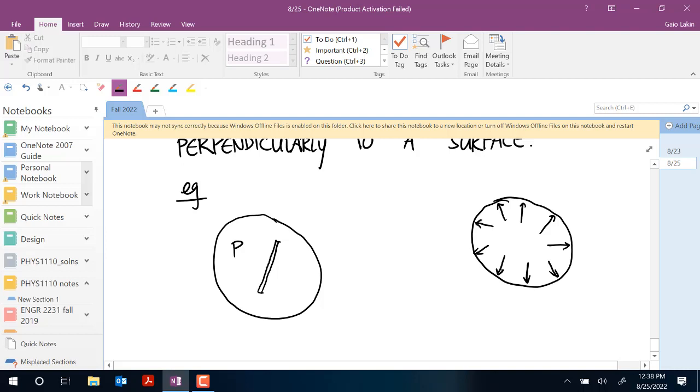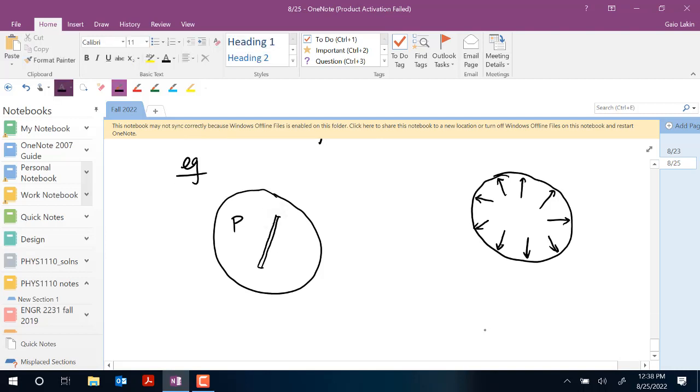At every location, it's perpendicular to the surface. And on this plate on the inside, it's applying force vectors in these directions. Everything's perpendicular to the surface.